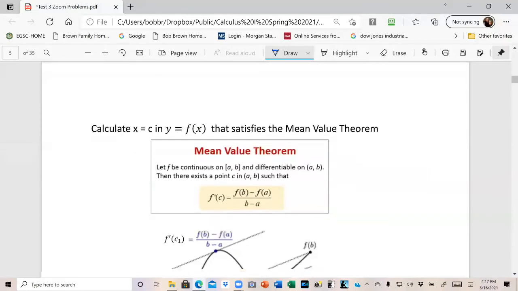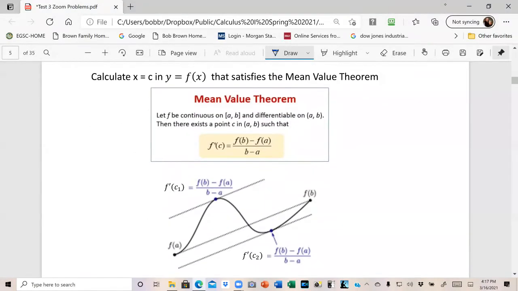You'll also need to be able to understand the mean value theorem, which says that if you have a function that can be differentiated between a and b, and here's the function right here, and it's differentiable and continuous on a and b, there has to be a point C somewhere between a and b such that the derivative at that point C is equal to the slope of the line between point A and point B of the function.